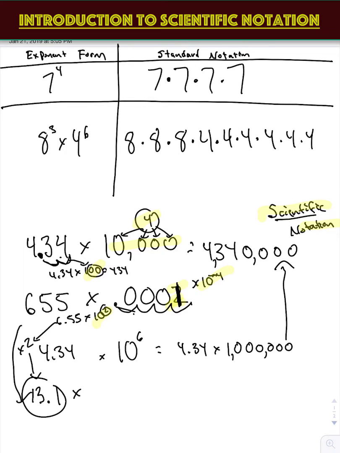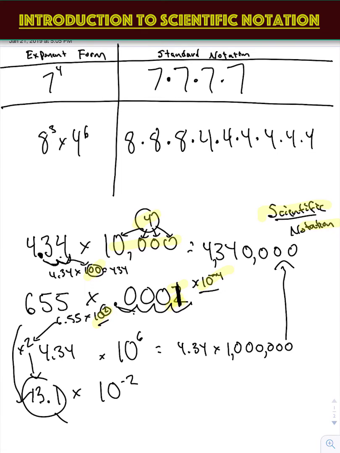So I doubled 6.55 to make it 13.1. And now I go to count my number of zeros. I have 10 to the 2nd is 2 zeros, and 10 to the negative 4, which is negative 4 zeros. The net of 10 to the 2nd and 10 to the negative 4th is 10 to the negative 2.